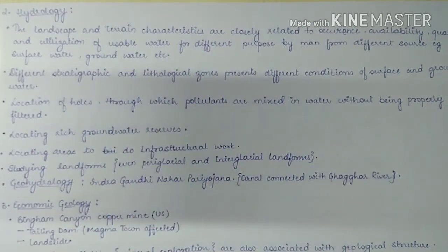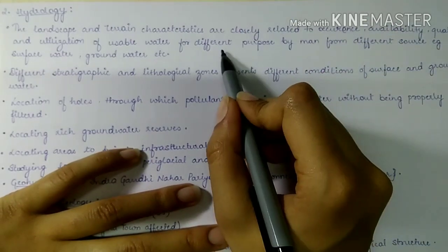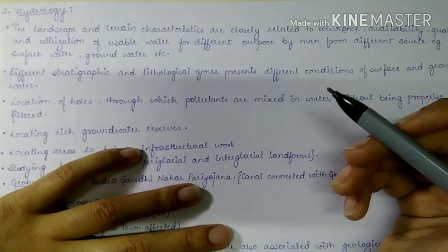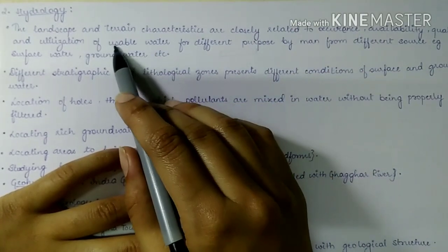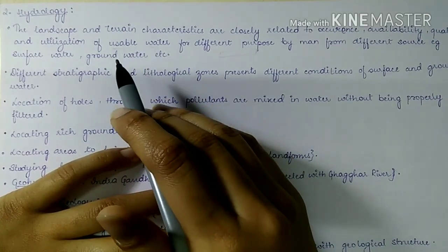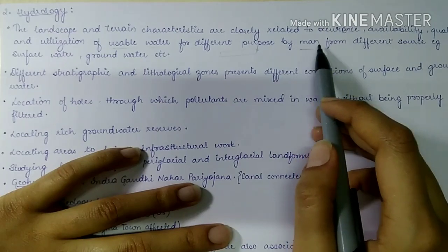Okay, so whatever the terrain characteristic is, it is related to the occurrence or availability of usable water. This usable water is used for various purposes by man.